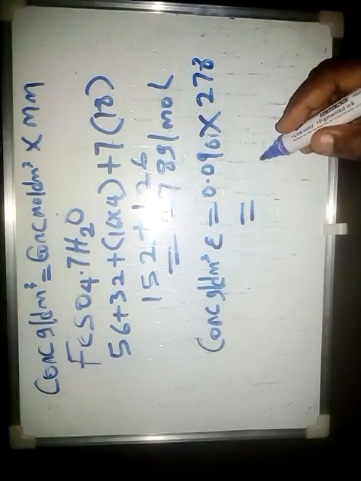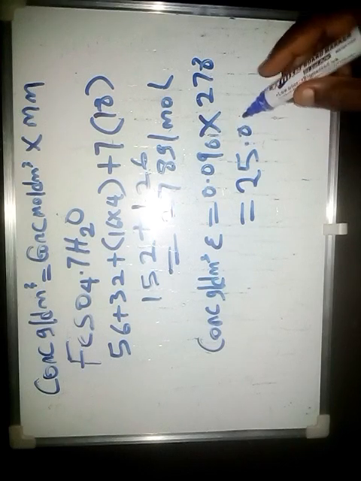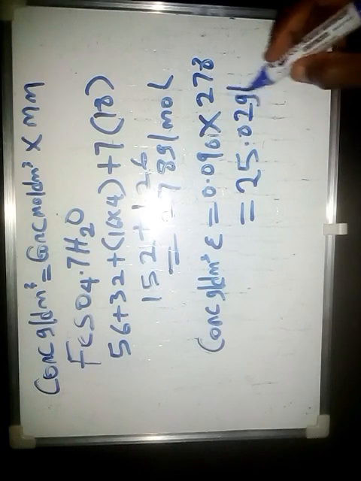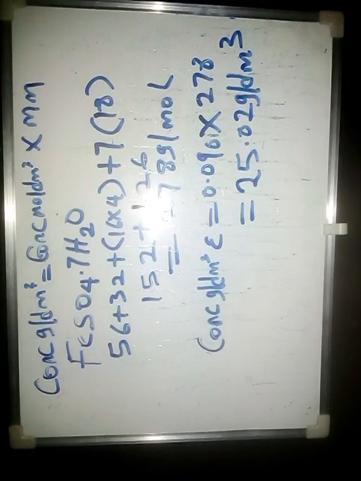So your answer will be 25.02 gram per dm cube. So this is the second part of the question. Remember, I made up the titration values so that I can use them to explain the question.